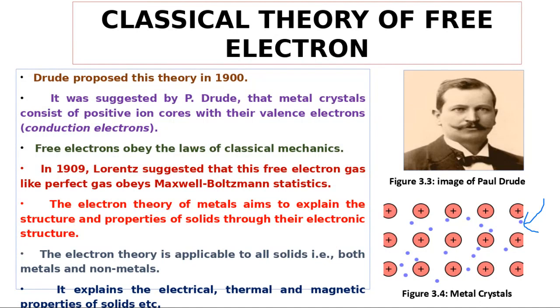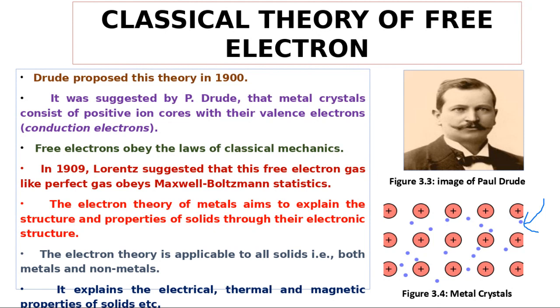This free electron gas obeys the Maxwell-Boltzmann statistics, just like the perfect gas. And this electron theory can be applicable to all types of materials, metals and non-metals, because firstly it was introduced by Drude and applicable to metals, but when it was refined by Lorentz, who suggested that we can treat electrons as an electron gas, it became applicable to metals and non-metals as well.